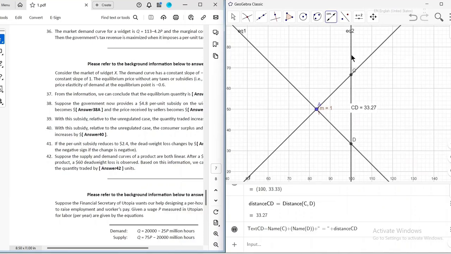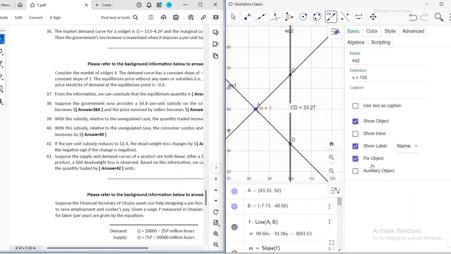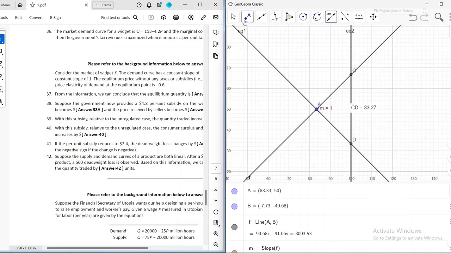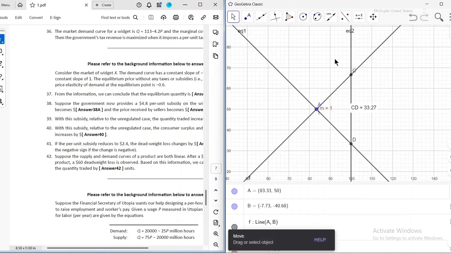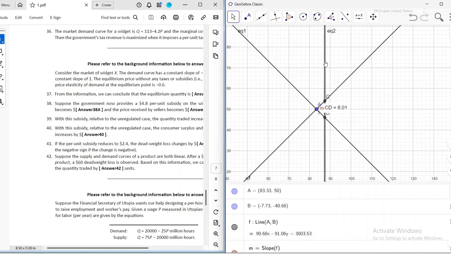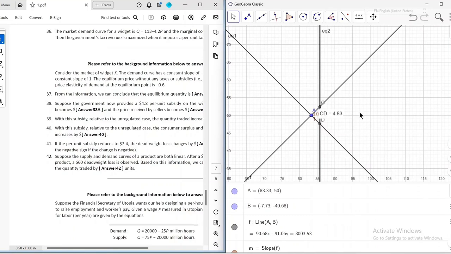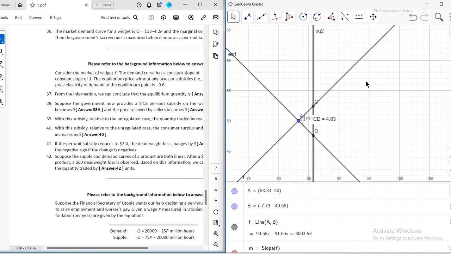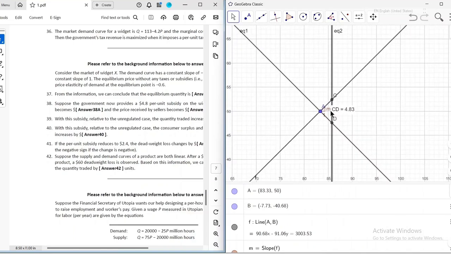Okay, so I need to change the setting. Let's unfix this. Now I can move this curve. Let's make it 4.8. Okay, so this is not exactly 4.8. Let me make it exactly 4.8.